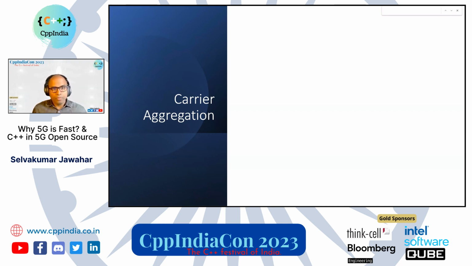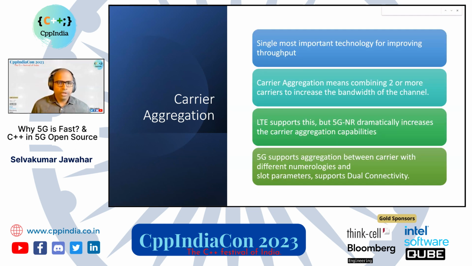which helps in increasing the throughput is carrier aggregation. I will not go very deep into carrier aggregation details, but you can imagine a carrier as an RF resource using which data is transmitted.